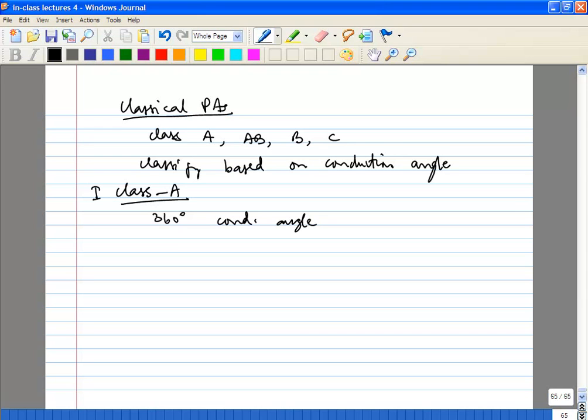First of all, these classical PAs will have a standard type of topology.